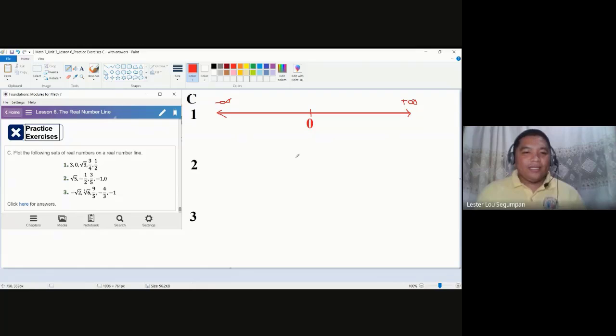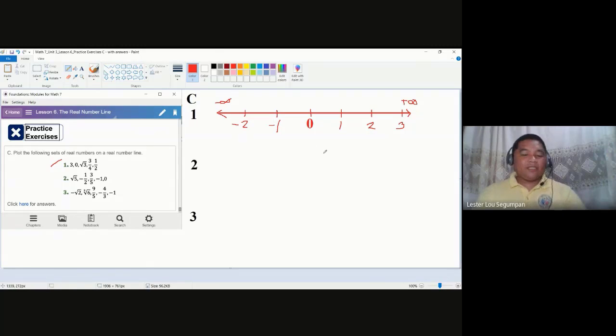For number 1, which is our first task, we need to plot all of this in the real number line. But we all know that the largest value here is 3, so we can simply use very large distances. So you have here your 3, and that's 2 and 1. You could also express on the other side -1 and then -2.